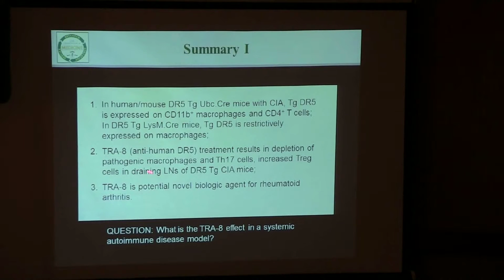And the anti-human DR5 antibody can deplete the pathogenic macrophage and Th17 cell, and also increase Treg cell. Therefore, TRIA is a potential novel biologic agent for RA therapy.